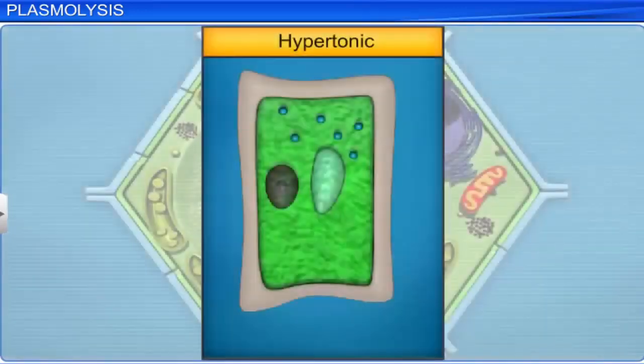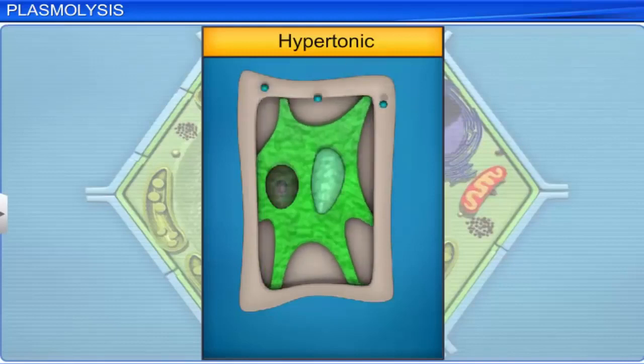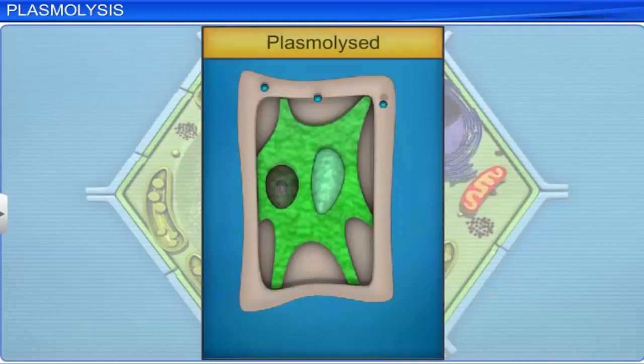If a plant cell is placed in a hypertonic solution, water moves out of the cell due to osmosis. The cell membrane shrinks away from the cell wall with this outward movement of water. This phenomenon is called plasmolysis, while the cell is said to be plasmolyzed.